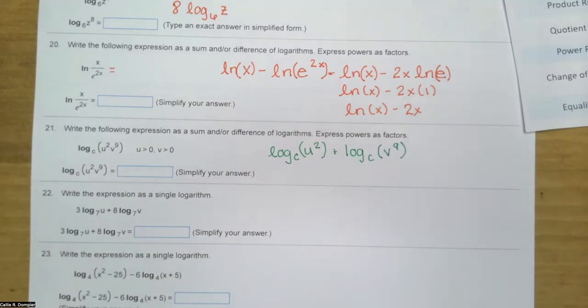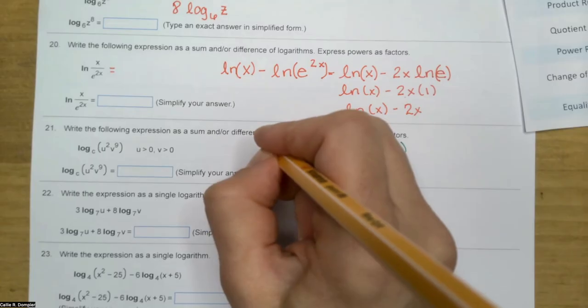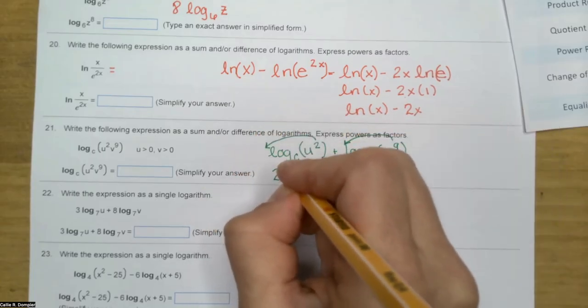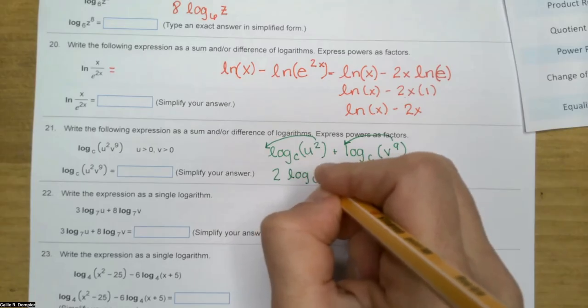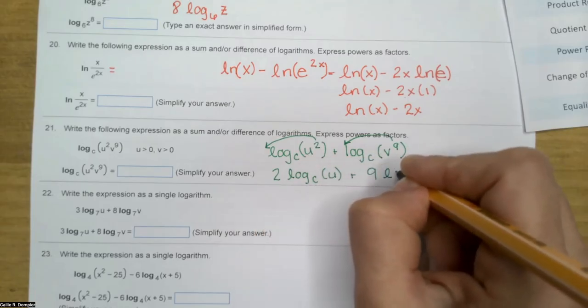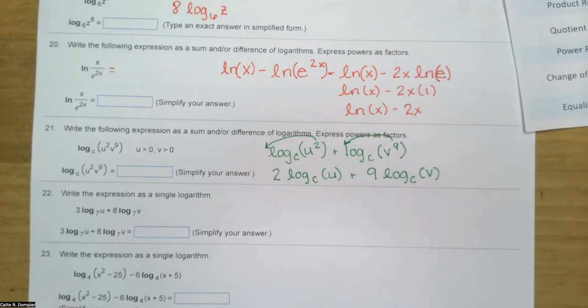And then that becomes 2 times log base c of u plus 9 times log base c of v.